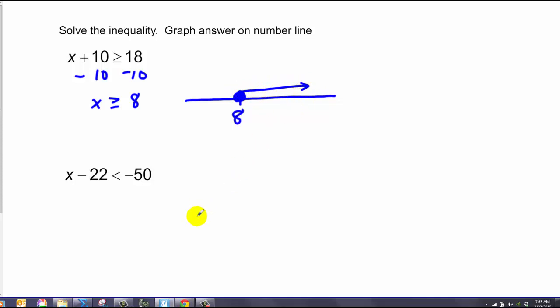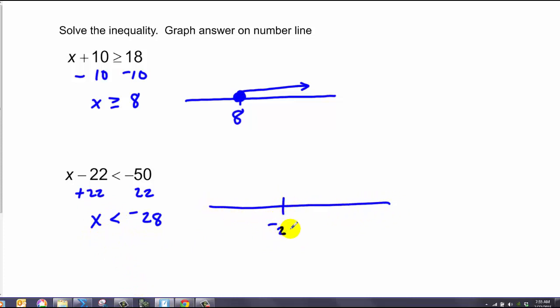In this example, I have x minus 22 is less than negative 50, so I add 22 to both sides, which leaves me with negative 28, and x is just less than negative 28. So the difference between these two graphs is as follows.